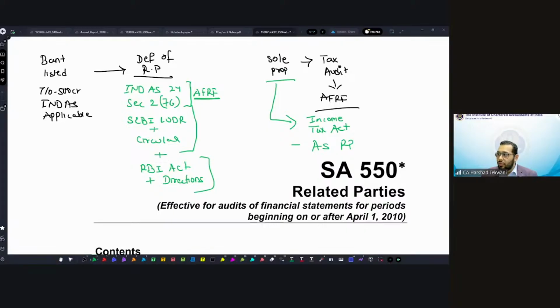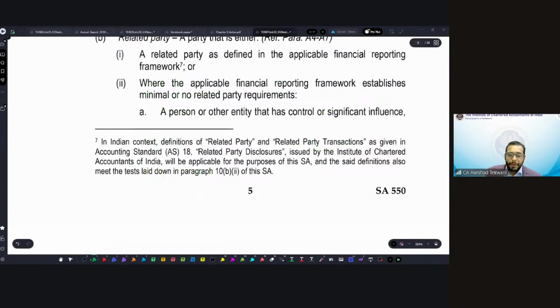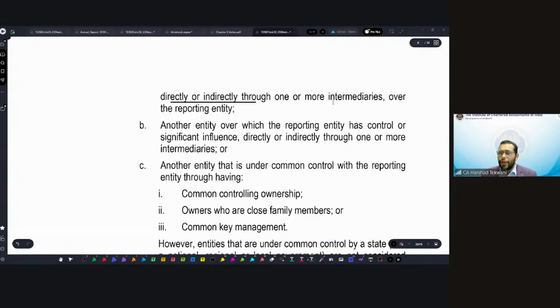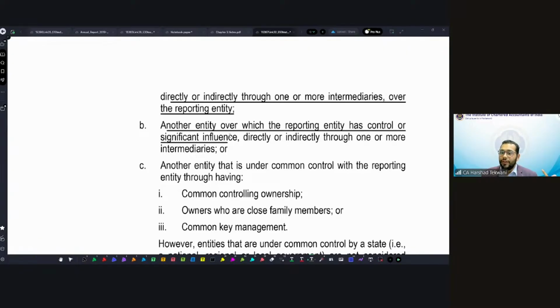So that includes a person or an entity that has control or significant influence, directly or indirectly through one or more intermediaries, over the reporting entity. So control and significant influence. Second, another entity over which the reporting entity has control or significant influence, directly or indirectly through one or more intermediaries.